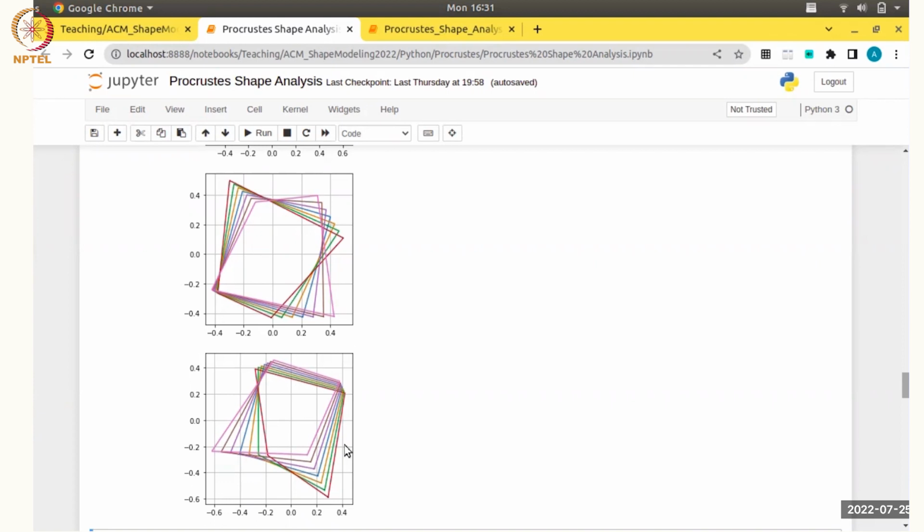So all these rectangles, before we compute the shape variations, scale all of them to unit size. Right? That is the reason why you see that.